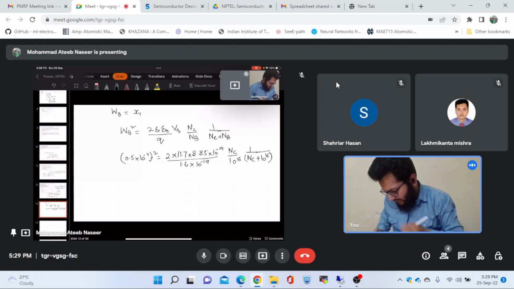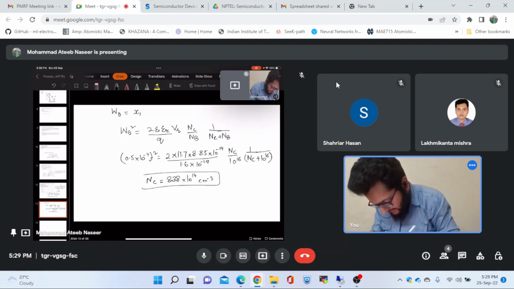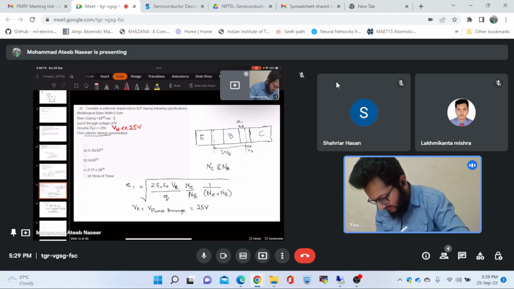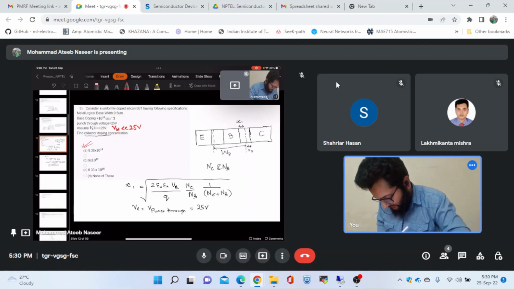So it comes out to be approximately equal to, this Nc will come out to be equal to 8.38 into 10 raised to power 14 per centimeter cube. So this is option A, that is matching with our calculations. So we will go with this option.